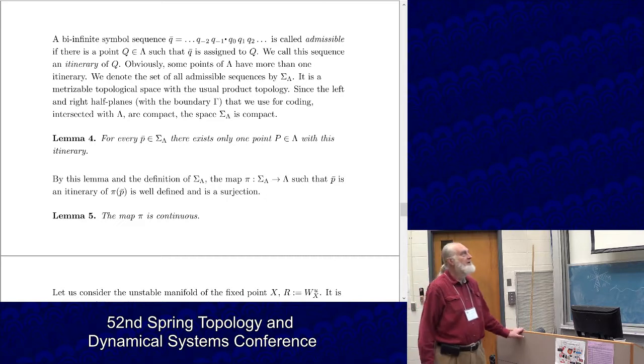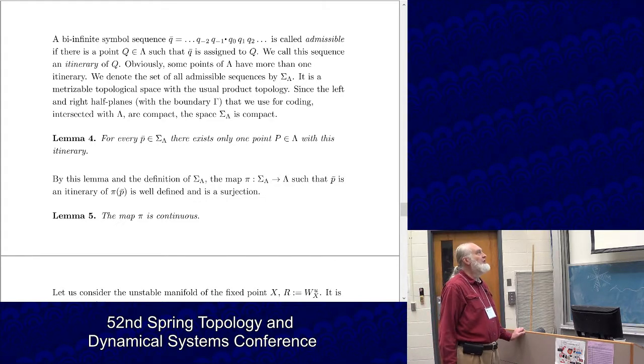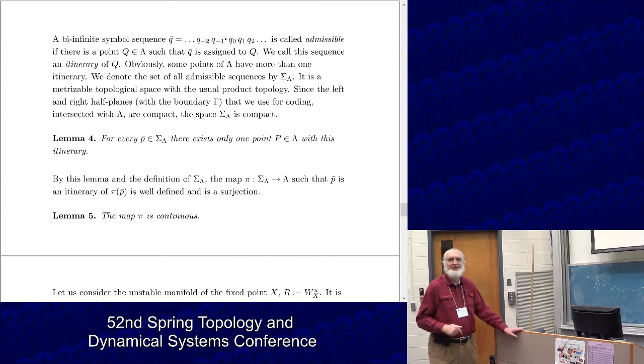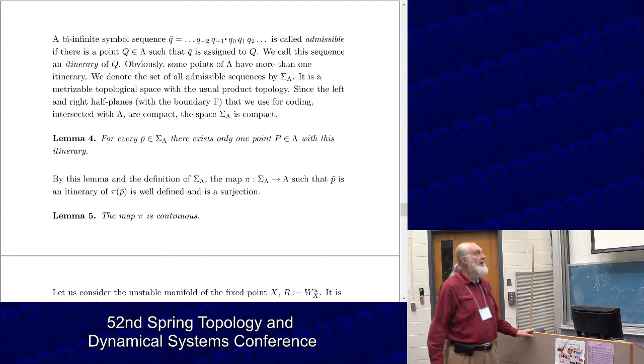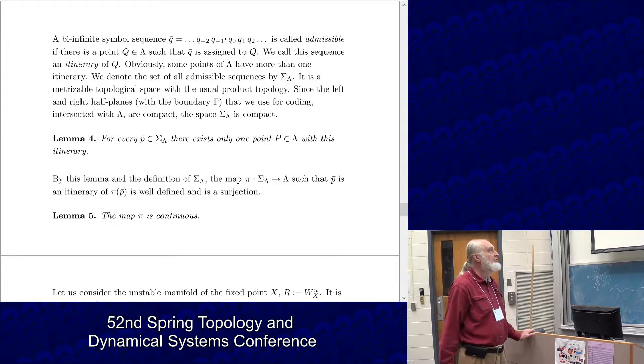You have basically only one topology, unless you want to go to some non-Hausdorff or non-T0, whatever, which I don't want. So then you take the product topology. So there is this projection from sigma lambda to lambda, and then we prove that this map is continuous.